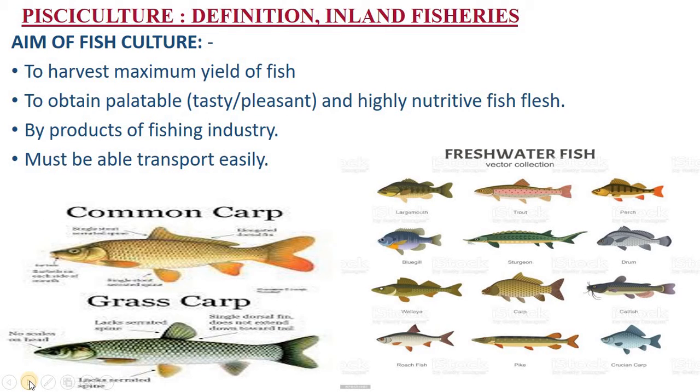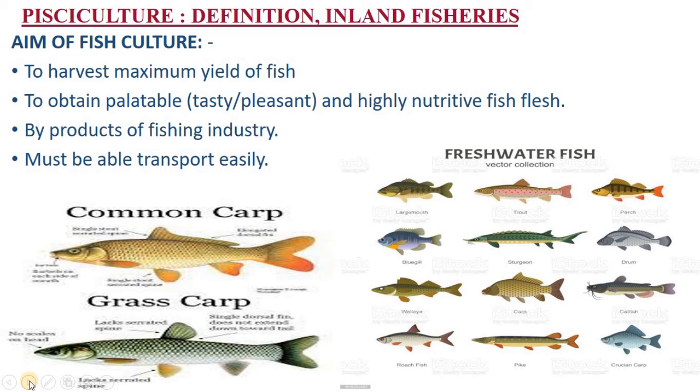Now, pisciculture definition and inland fisheries. Here, what is the aim of fish culture? Why should you do pisciculture? As you know, we are studying economic zoology, and these topics come under it. What is economic zoology? Economic zoology is a branch of zoology which deals with the study of animal resources so as to increase human wealth.